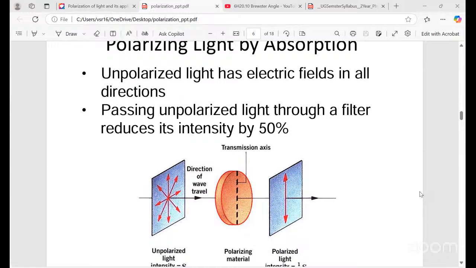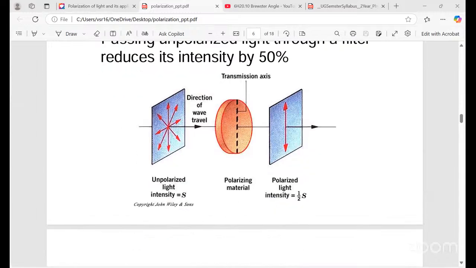Okay, you can see here. So this is the case for the unpolarized light. Here, this is the unpolarized light. Okay.